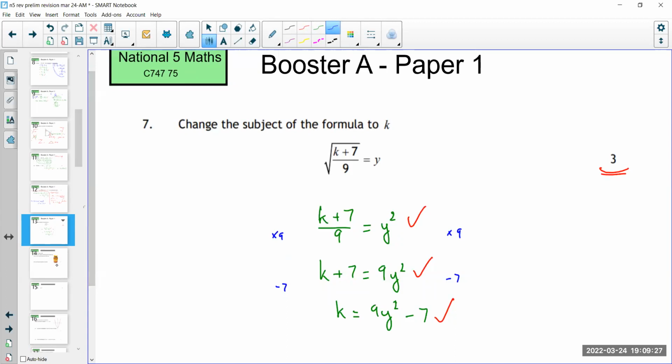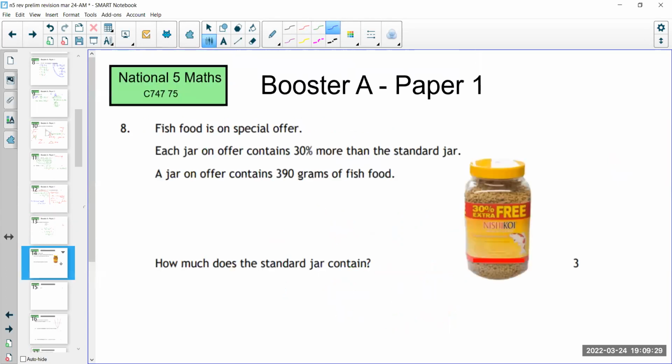All right, so next question. I've got fish food on special offer. So how much does the standard jar contain? You had 390 grams, and the 390 grams represents 130%. So basically all you need to say is 130% is 390 grams. I want to know what the 100% was to start with.